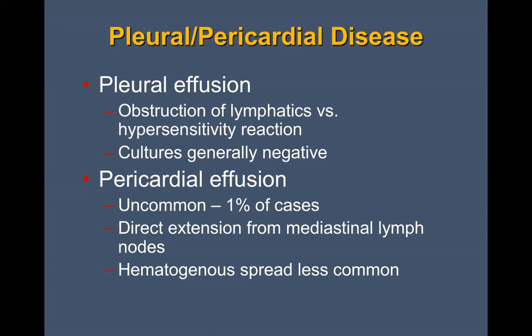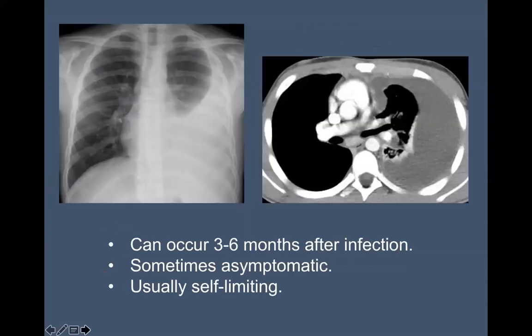You can tap these, but generally you're not going to culture anything out of them, so that usually isn't particularly profitable. Pericardial effusions tend to occur either due to direct extension from your mediastinal lymph nodes, which then involve the pericardial space, or to hematogenous spread to the pericardium.